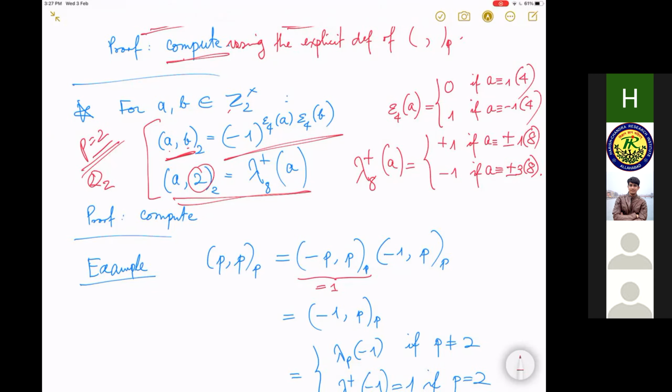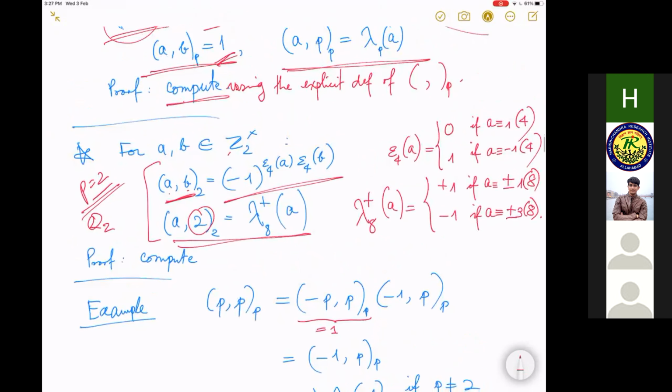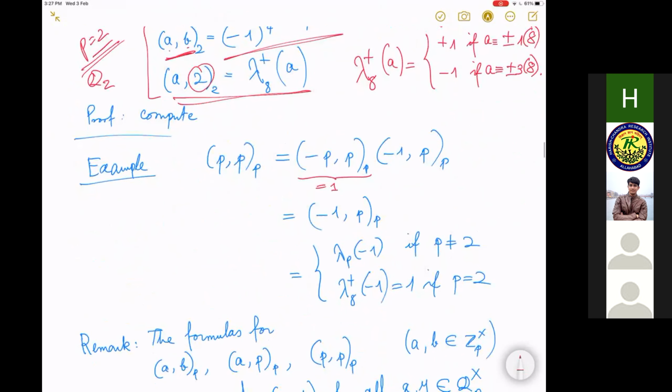Okay. So for example, let's compute (P, P)_P. What is the Hilbert symbol (P, P) at P? I can write this P as minus 1 times minus P. Then, expanding it, I'll get (minus P, P) times (minus 1, P).